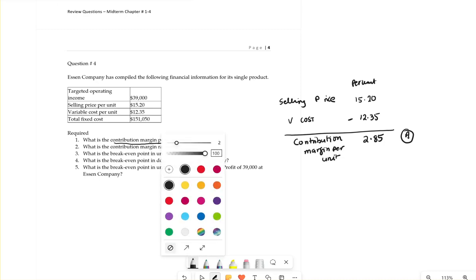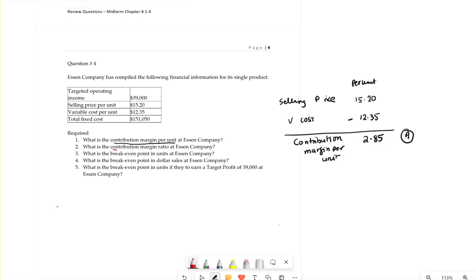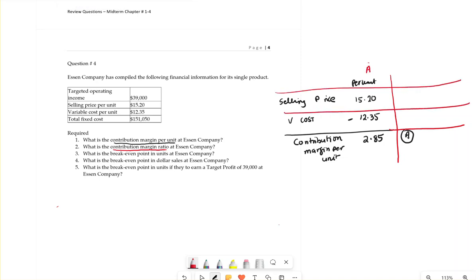Then we are going to go further. The question asks, what is the contribution margin ratio? So they want you to show this in the form of a percentage. I'm just going to do this table, and this was your answer for A. Now I'm going to do it with a percentage. Your sales will be 100%, and your contribution, how do we get it? Your variable cost in a percentage, you take the variable cost divided by your selling price, which is your 15.20.